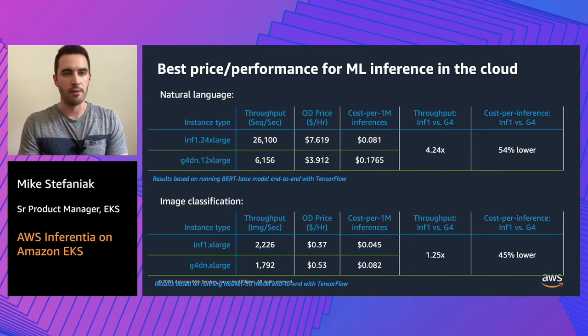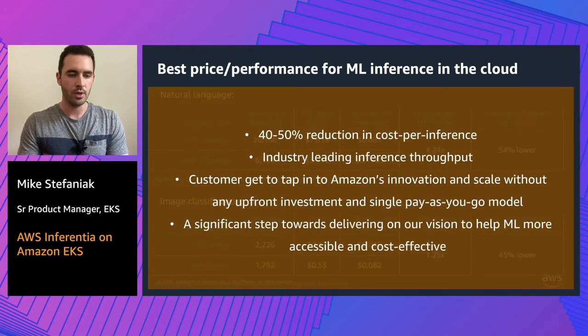G4 was already the best price to performance instance option in the cloud. And as you can see from this data here, we significantly improved on the price to performance and cost per inference you get with Inf1 compared to G4. So 40 to 50 percent reduction in cost per inference in a lot of cases.